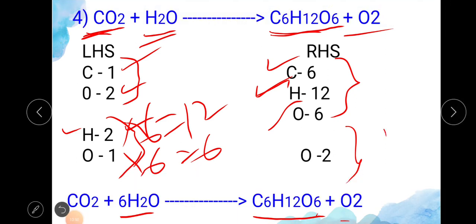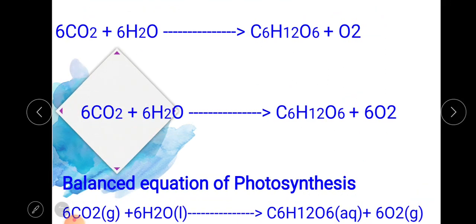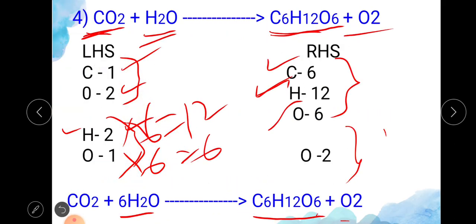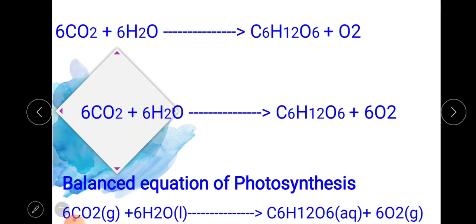So next we should balance carbon. Carbon is here in this reaction only one, but here 6 carbons are there. So what should I do? Just write 6 behind the carbon. 6 CO2 plus 6 H2O will give C6H12O6 plus O2. Now check one more time.